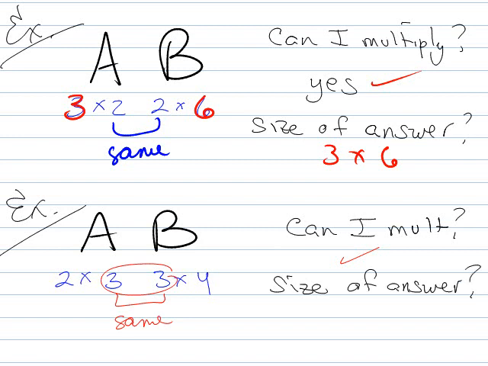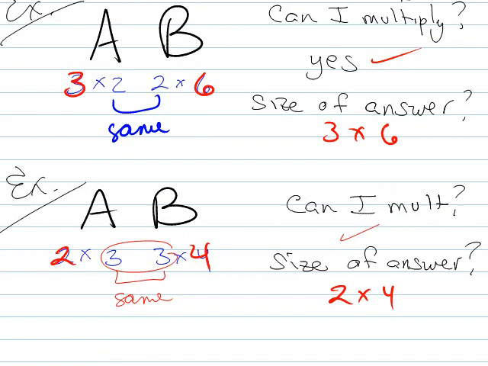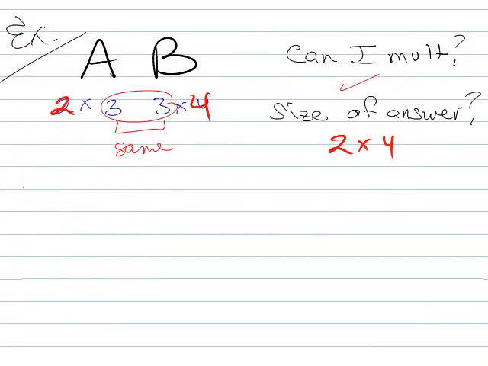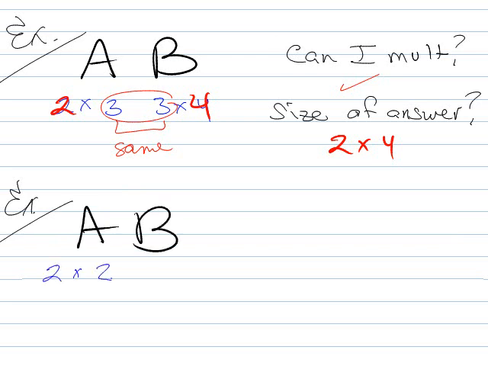The size of my answer is a 2 by 4, because those are the exterior dimensions. Just make sure you got this, because this is absolutely critical. You hate to start multiplying matrices and find out halfway through that you actually can't even do it.